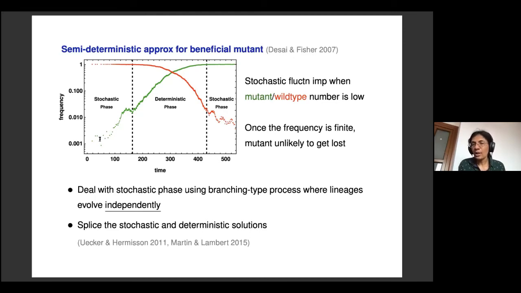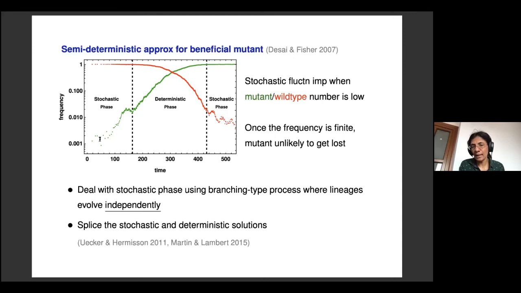In general, one uses a class of processes called branching type processes, where the important thing is that lineages are assumed to evolve independently. This assumption allows one to make analytical progress. So we have a solution in the stochastic phase, we have a solution in the deterministic phase, and then there's a way to splice the two solutions and get the information that one needs.